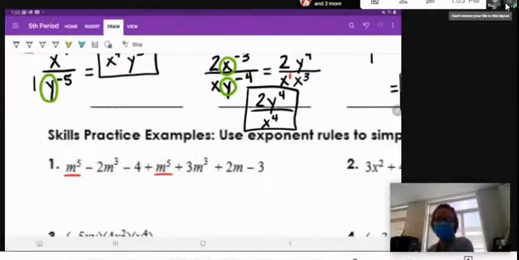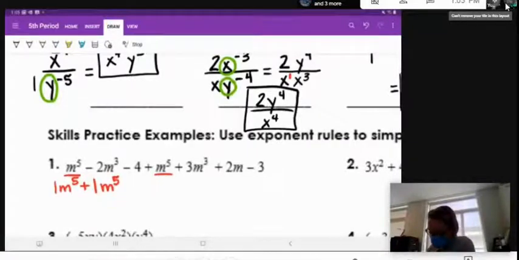So I'm going to pick out terms that have the same bases and the same exponents. Notice this m to the fifth and the m to the fifth. Those are the same. I could even write this as 1m to the fifth plus 1m to the fifth. I'm going to put those in the front. So at this stage, I'm just grouping my terms together with like terms. And I'm going to do it with color coding because, as you can probably tell, I'm obsessed with color.